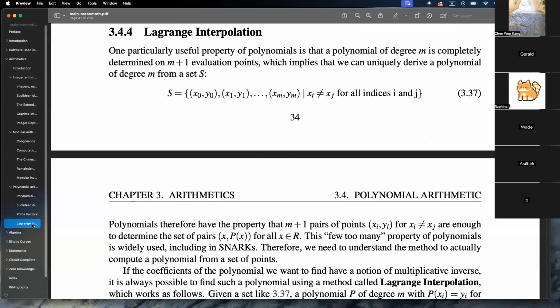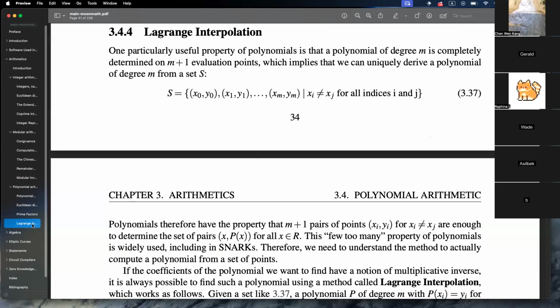Before we get in here, any questions on 3.4? Okay, great. Then let's go into Lagrange interpolation.